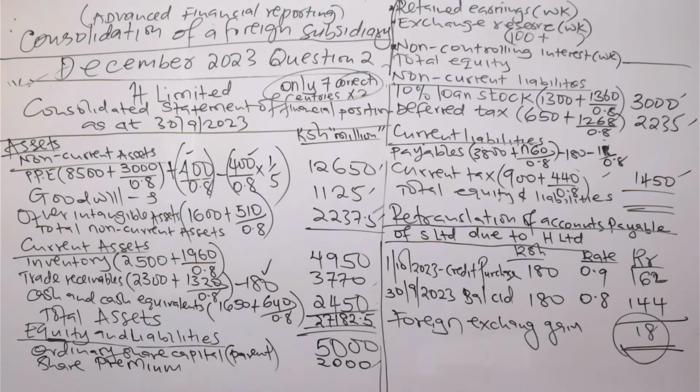The next thing to be done, the next working to be done, is the retranslation of the net assets.